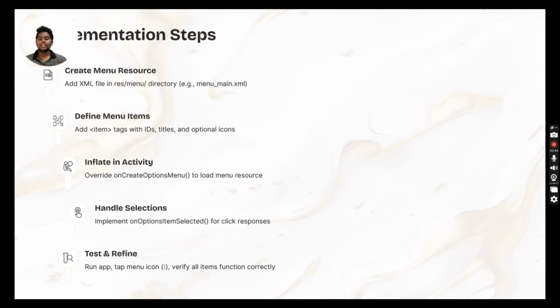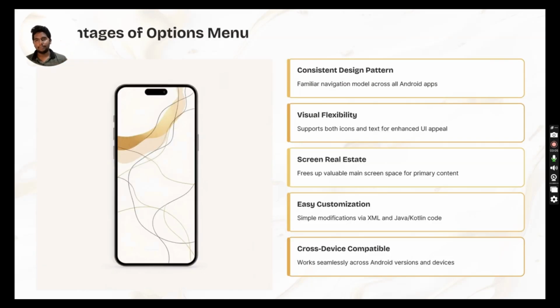Next, test and refine the app. Like when you click settings, show a toast message and confirm the action. And after that we can get the results, like we can get the three dot icon and we can select the options from it.